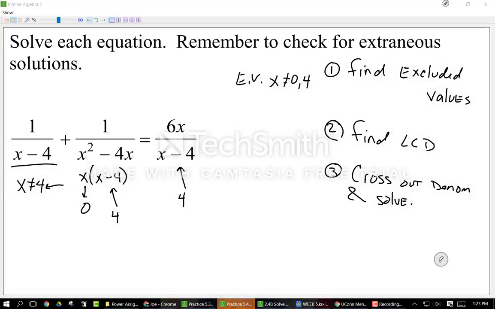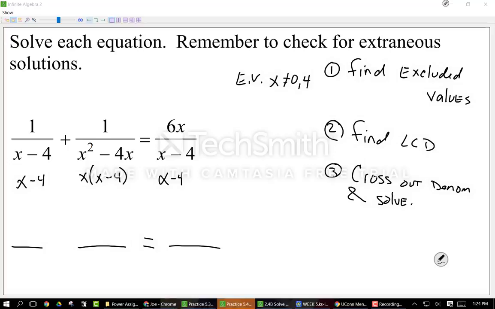Now let's use the factored form of my denominators to find the LCD. I have my factored forms of my denominators, and I need to make new denominators that contain all of my common factors, right? My LCD. If I look at my monomials, it's just this x, so that has to be in all of them. Then it's x minus 4 because that's the only binomial that I have.